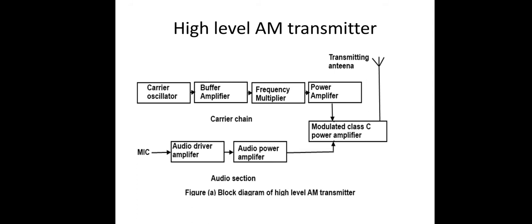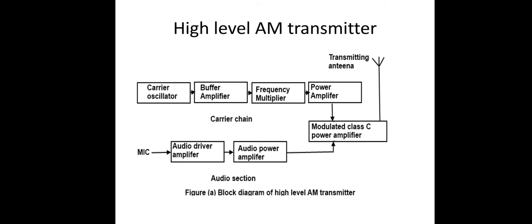If we want 100% modulation, then the power of the modulating signal must be 33% of the total power. Next, the modulation takes place in the last stage, the class C RF power amplifier.